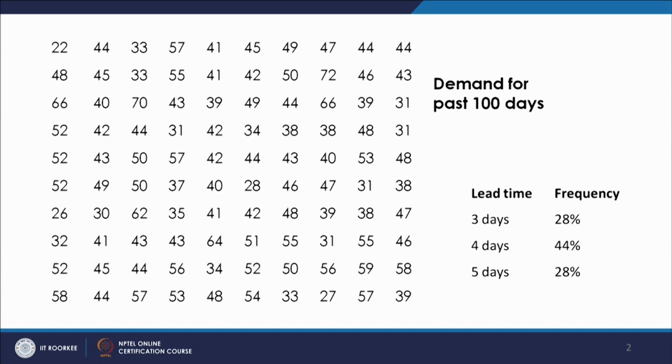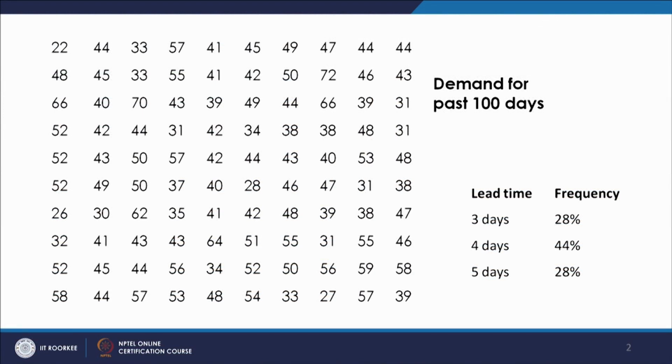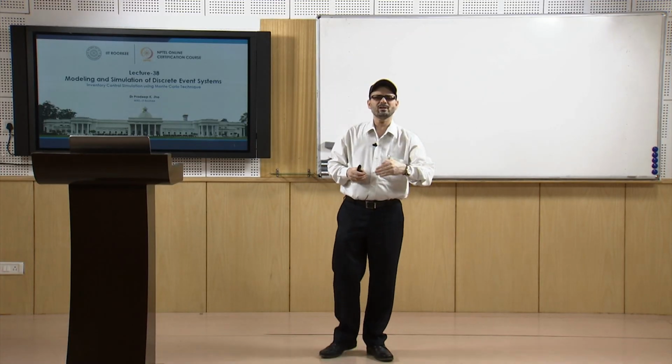It is told that the frequency of a lead time of 3 days is 28%. So, 28 times out of 100 times the ordered quantity has arrived in 3 days. Similarly, on 44 occasions it has come in 4 days, and on 28 occasions in 5 days. These are the frequencies which are available to you.